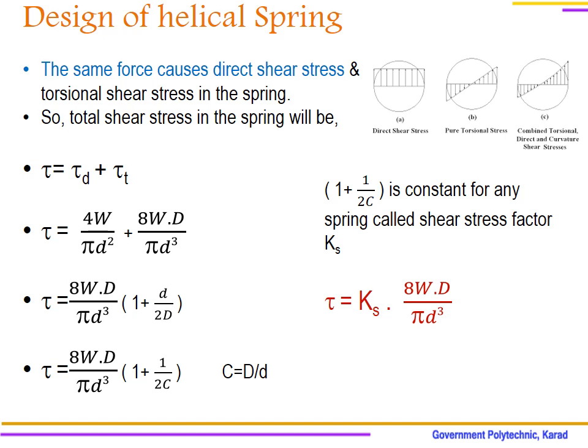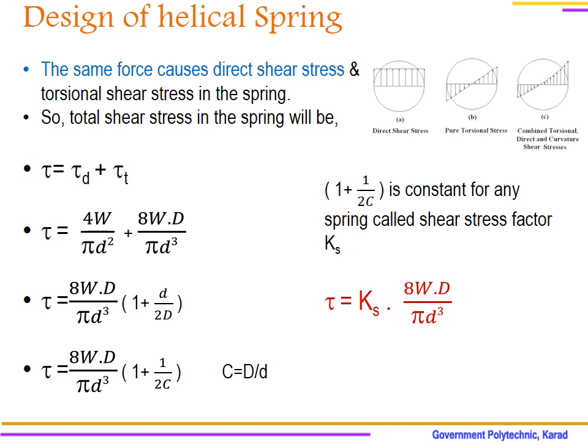So when I have manufactured a spring, I know its coil diameter capital D, I know its wire diameter small d. I may find how much force, that is W, it can resist if the permissible stress tau is known. Tau we can find from the material.